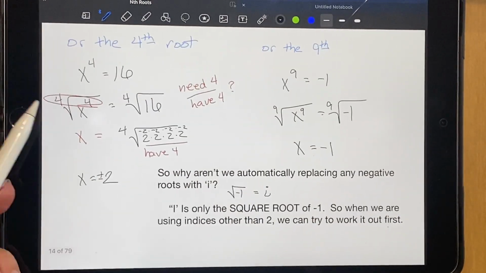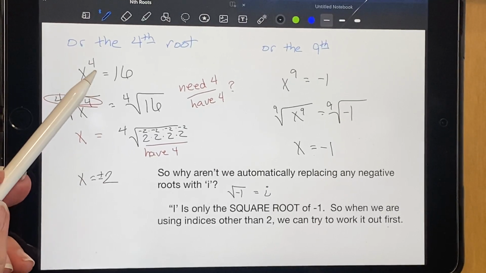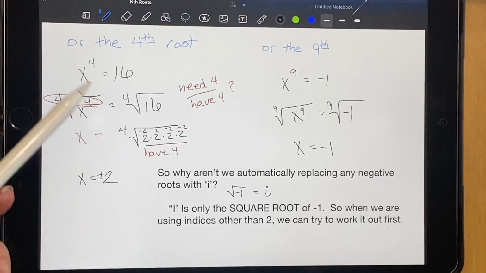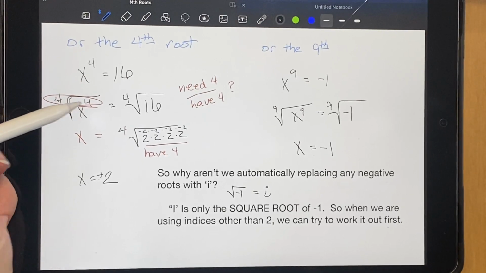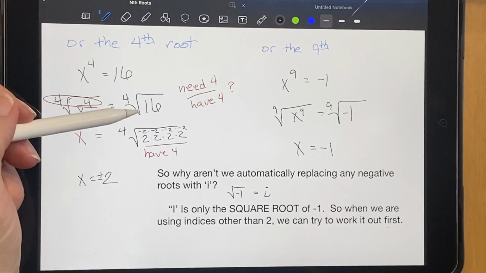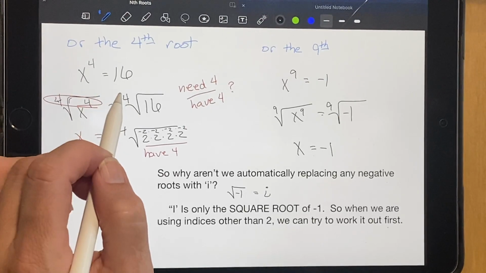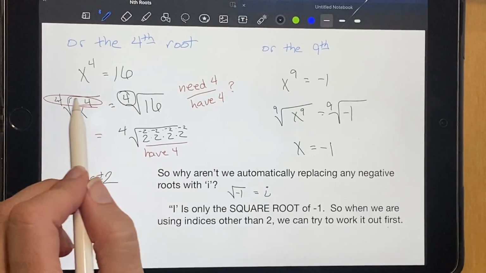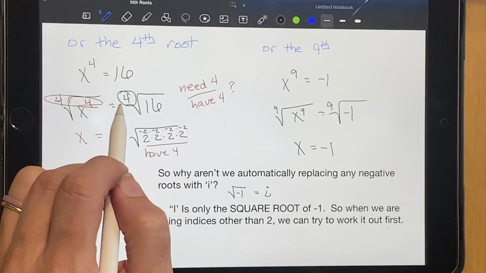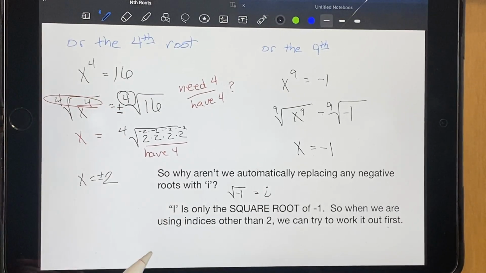Okay. So in this case, if I had x to the 4th equals 16, how do we solve for x? I would take the 4th root of both sides. Now in this case, I have an even index. So when I do an even index root, I'm going to have to do a plus or minus.